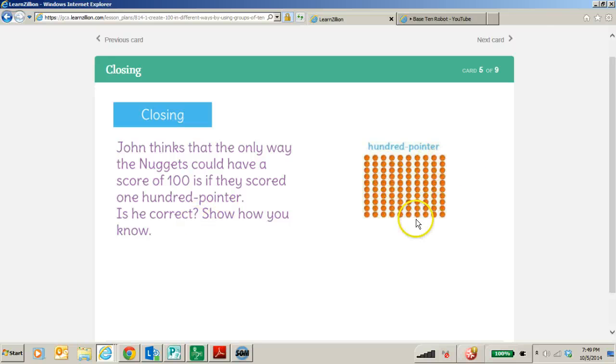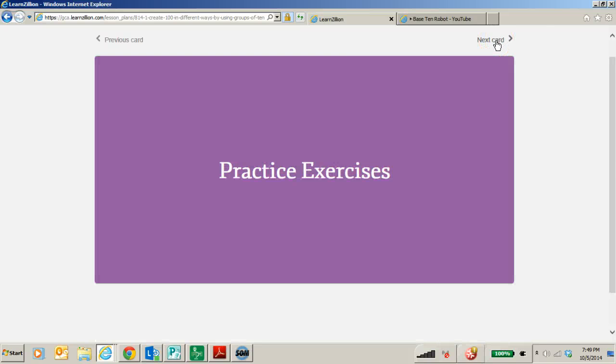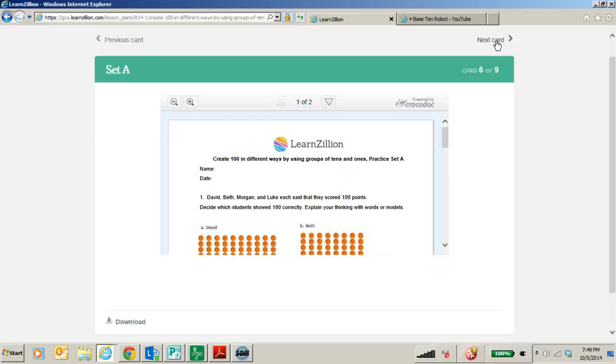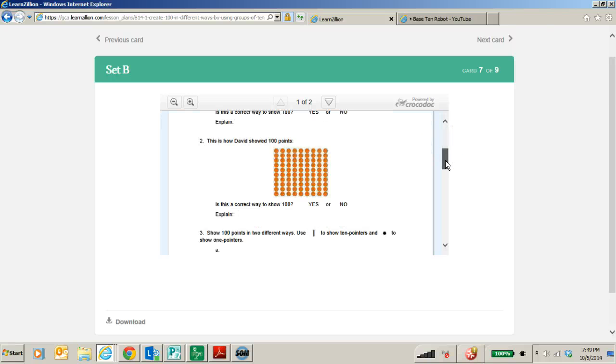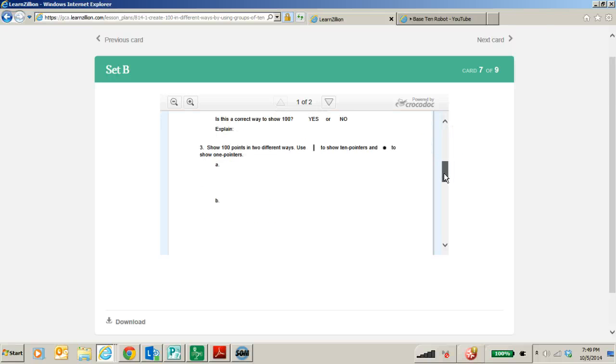So using your own base 10 blocks or drawings, which you could use the sticks for 10s, the squares for hundreds, and the dots for 1s, prove whether John is correct or incorrect. Now, attached to this sheet, there is a practice exercise so that you can prove whether other people are correct in their thinking, and then show different ways to show 100 points.